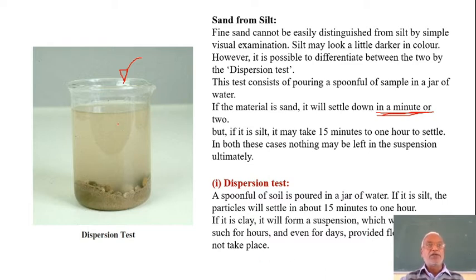Flocculation means the particles join themselves to make a bigger size particle, and if it is not happening and the particles are individually acting, the clay particles will take a lot of time to settle down, whereas sand particles or silt particles will settle down in the suspension quite quickly. That's how you can differentiate between sand and silt.